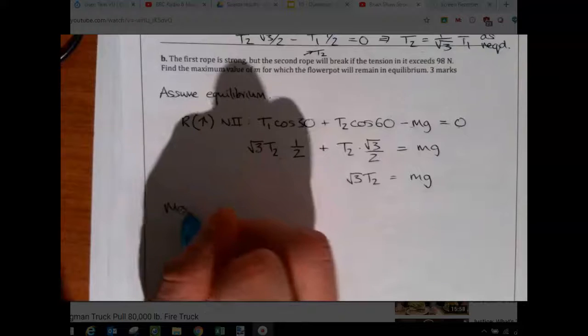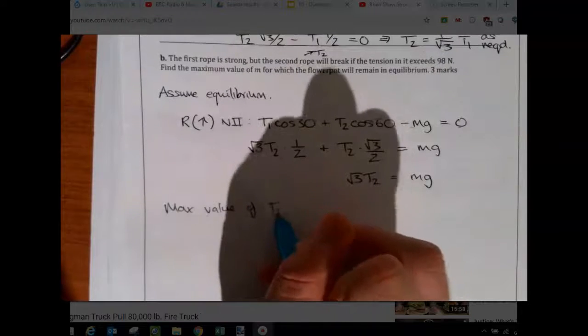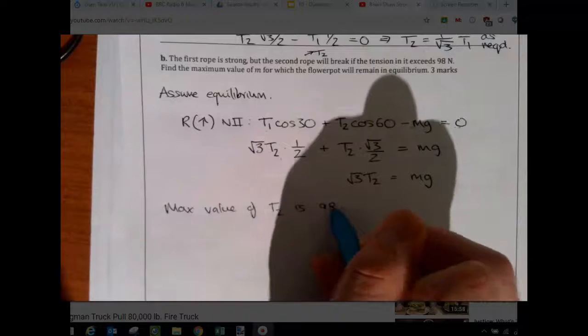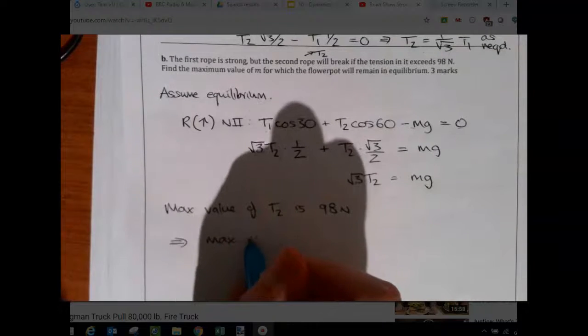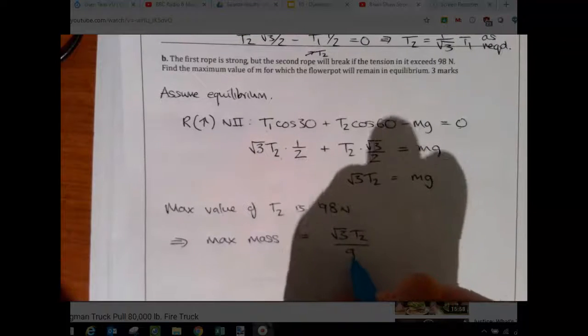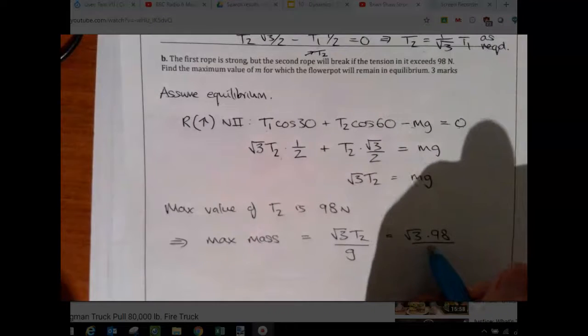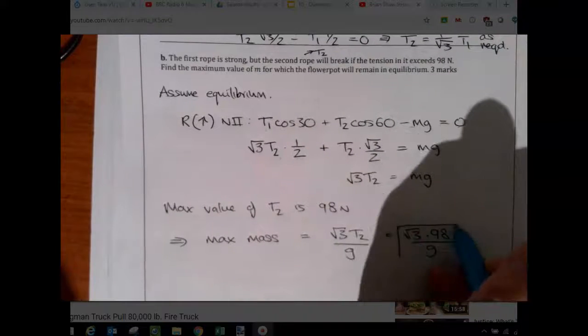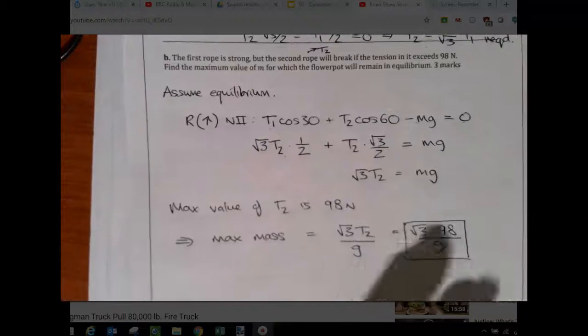So max value of T2 is 98 newtons. Therefore, the maximum mass would be root 3 times T2 over g. So that's root 3 times 98 over g. And I've not put that into my calculator, but whatever that answer is, that's your maximum mass.